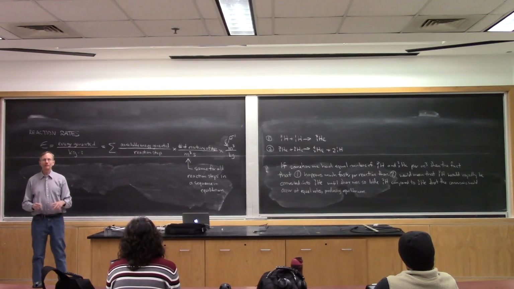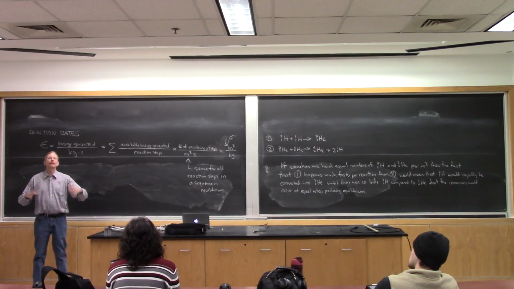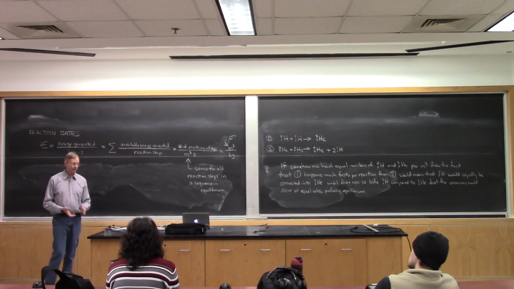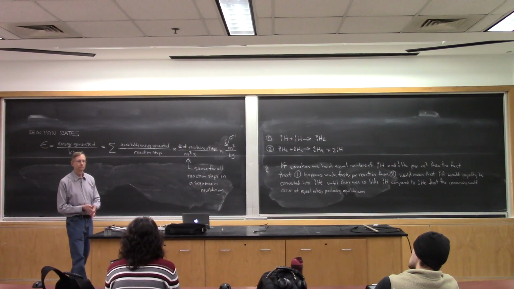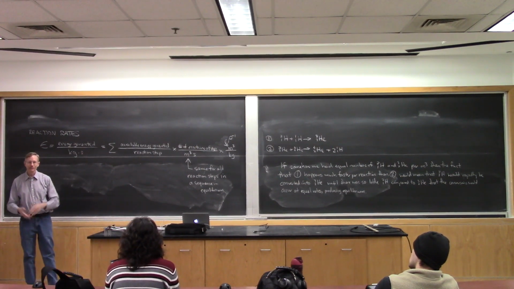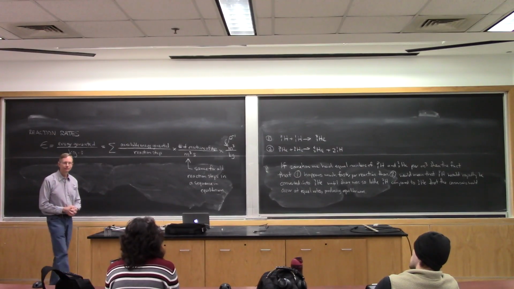So in order to compensate for that, you have to have lots and lots of them around to get the same number being destroyed every second as they're being created by the deuterium, which is a much easier thing to do. So think about that, and that's the idea.